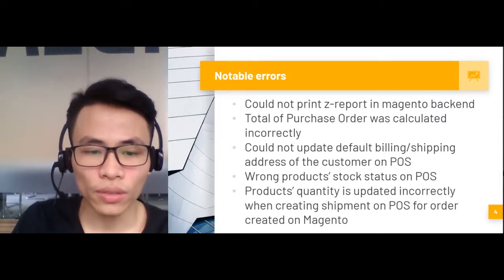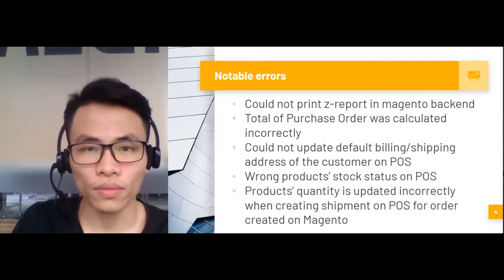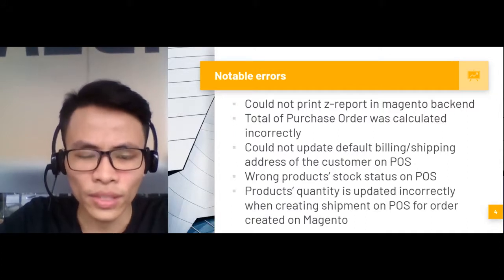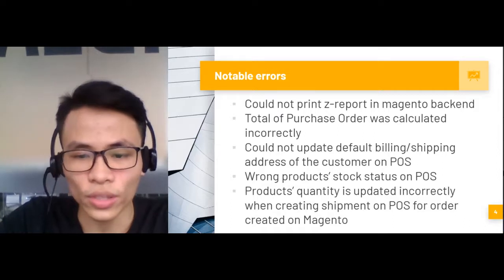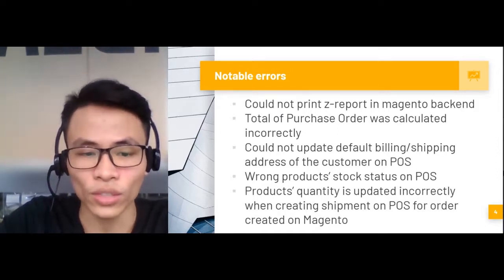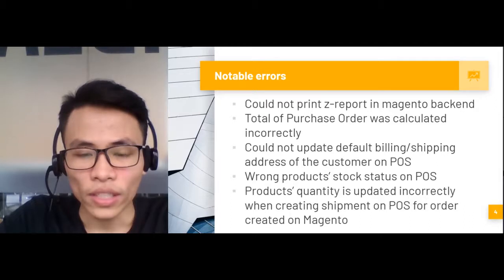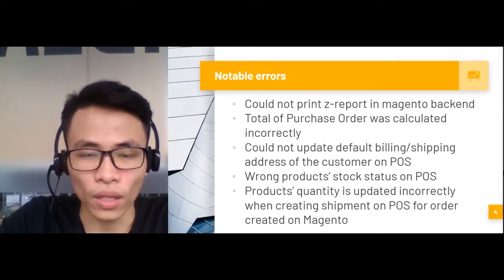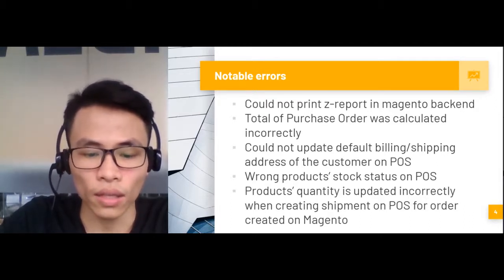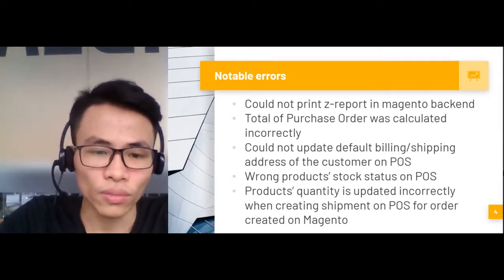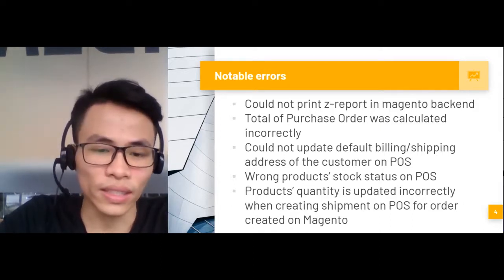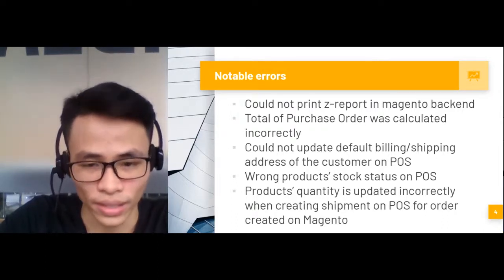But for some reason, when the cashier created a shipment for an order created on the Magento front end, especially when the stock where you create the order is different from the stock linked to your store, the quantity in stock would be updated incorrectly.